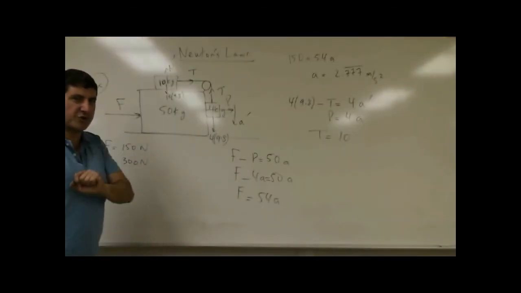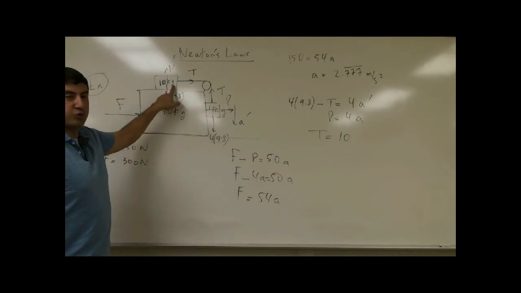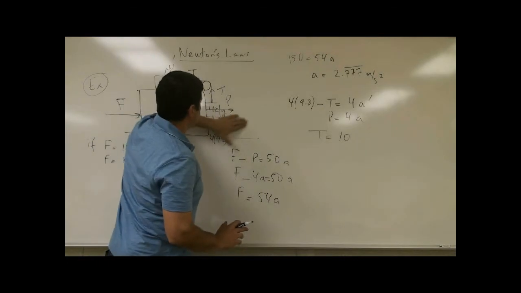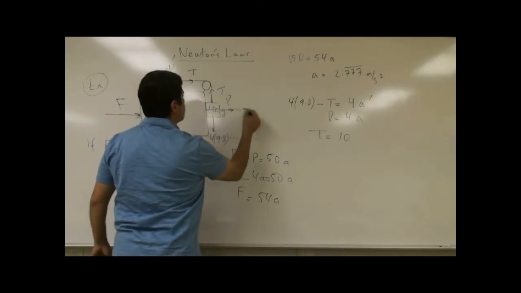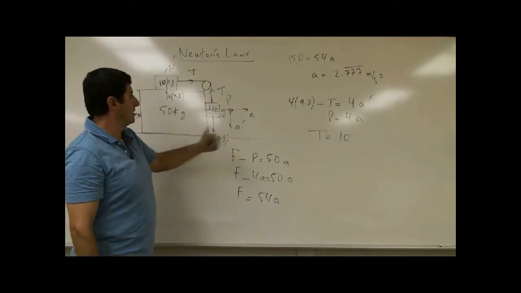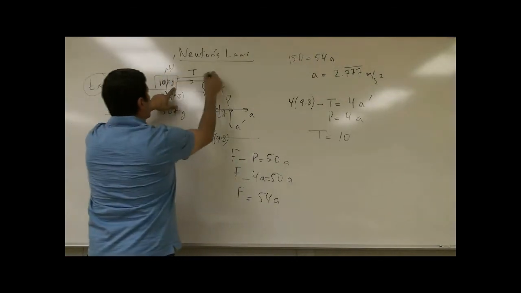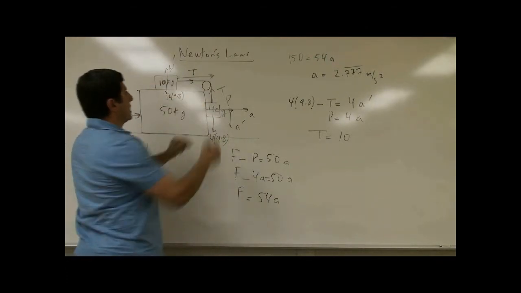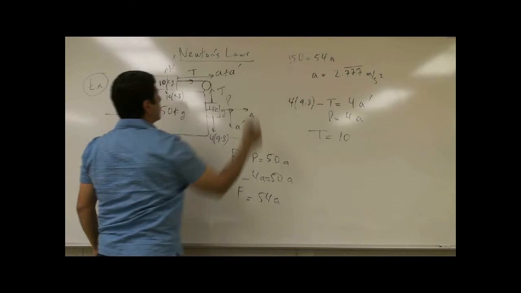Okay, this is kind of the tricky part, because this has two accelerations, this has also two accelerations, right? This one is accelerating forward at A, down at A prime. This one is accelerating forward at A, forward at A prime, A plus A prime.